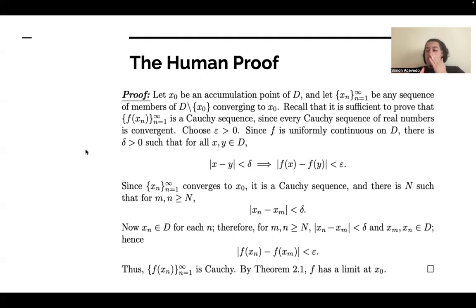So in the proof, we took a sequence in the domain D that approaches a point, which we call x naught, and we look at the outputs of the function, right? Instead of proving these outputs have a limit directly, we show that they form a Cauchy sequence, meaning the sequence of those values converges. Uniform continuity is the key idea in this proof because it guarantees that whenever the inputs are close, the outputs are also going to be close.